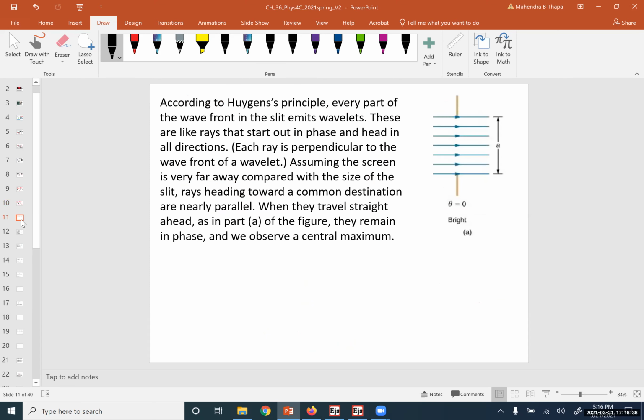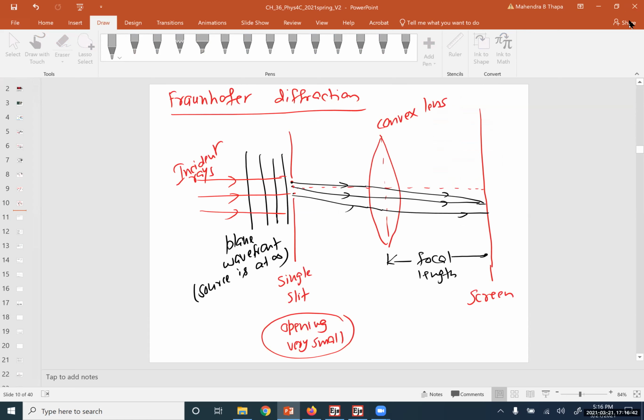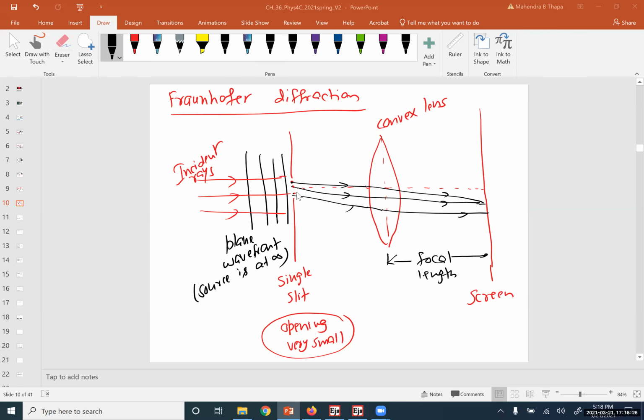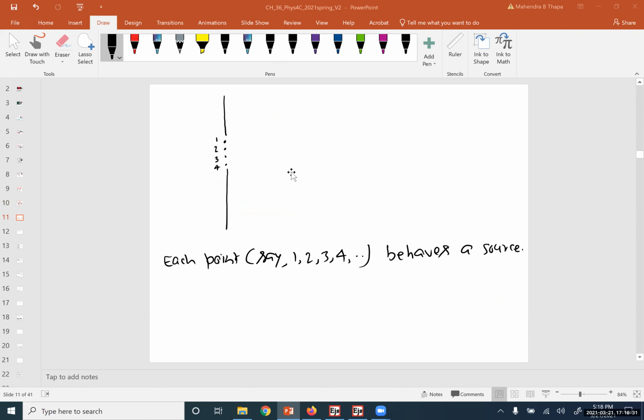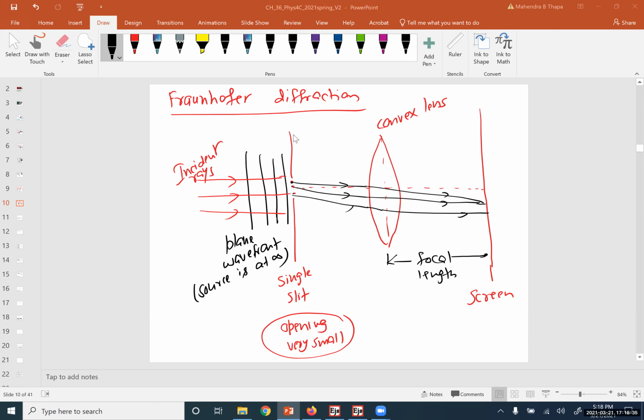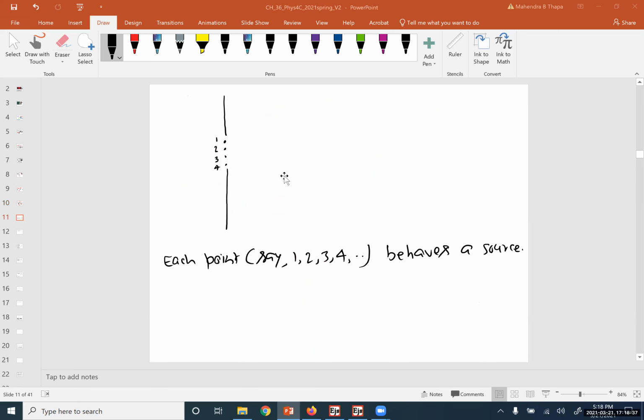So let's move further and explain this in more detail. We are focusing on this part. Each point of the wave front behaves as a source, so that's the reason I just put 4 dots. Each dot behaves as a source.